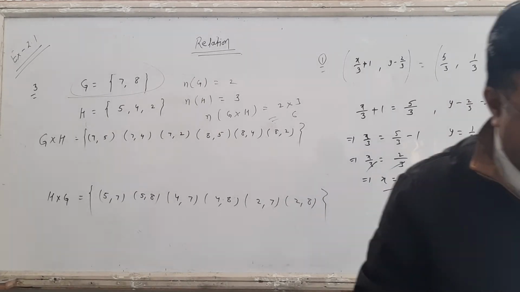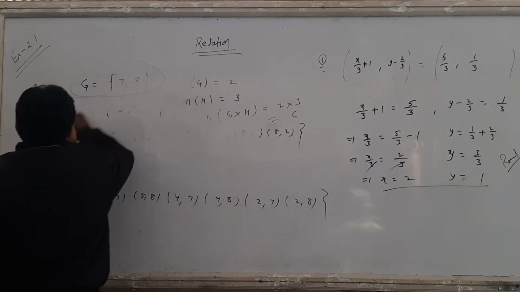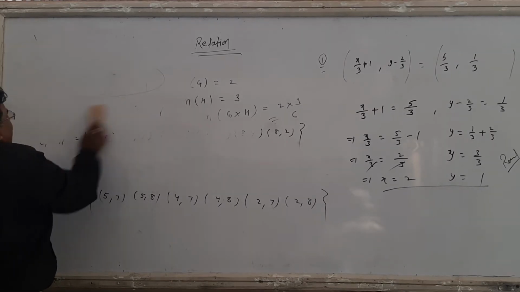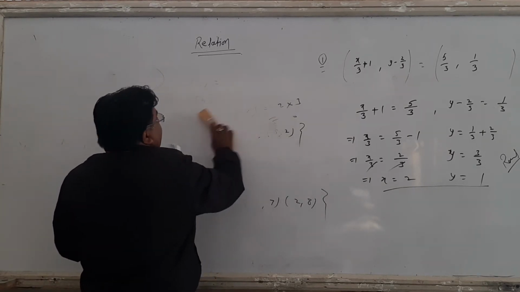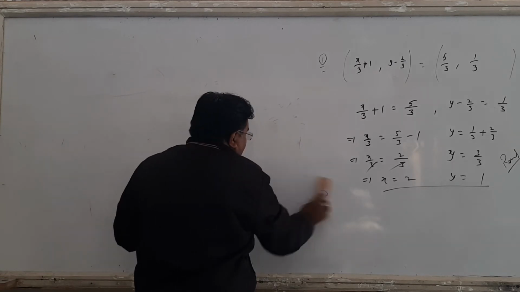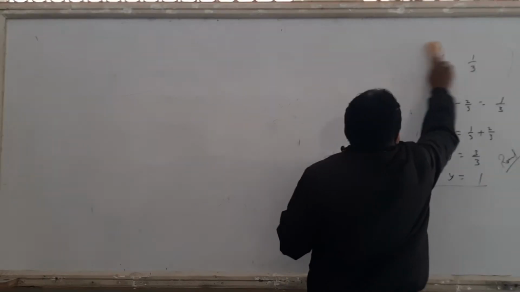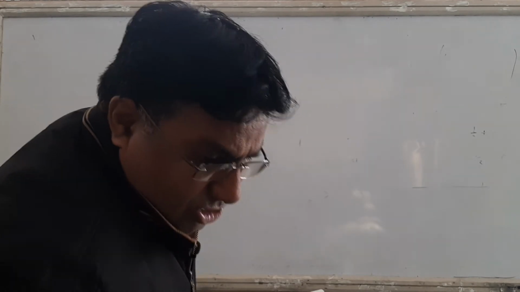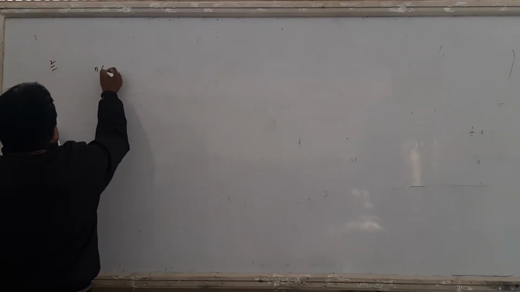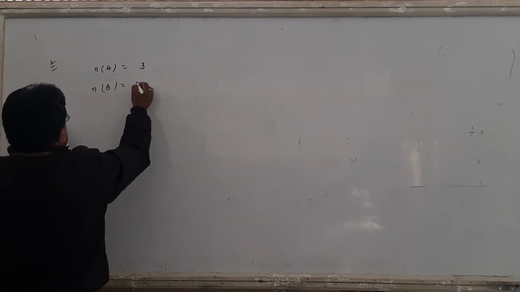This is the answer. Now question number second. If set A has 3 elements and set B also has 3 elements, given as 3, 4, 5, find the number of elements in A cross B. Set A has 3 elements. Set B has 3 elements, 3, 4, 5, again 3.